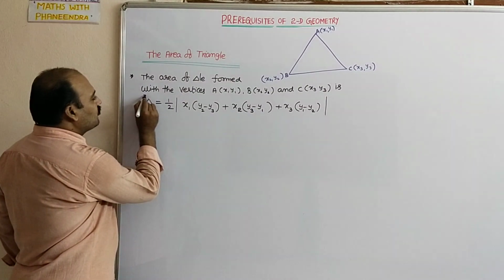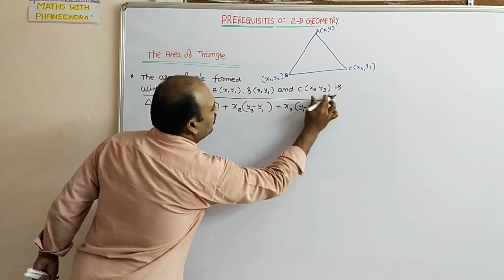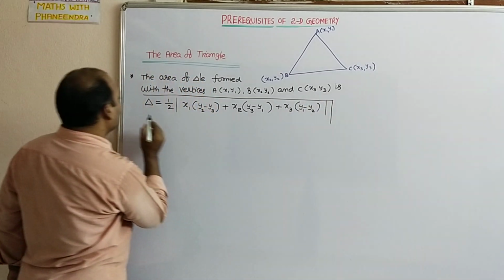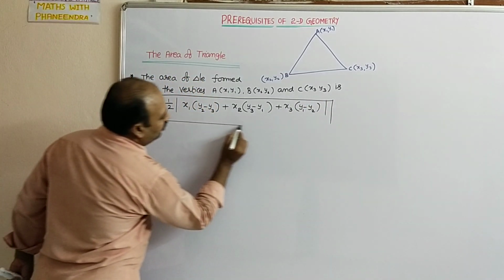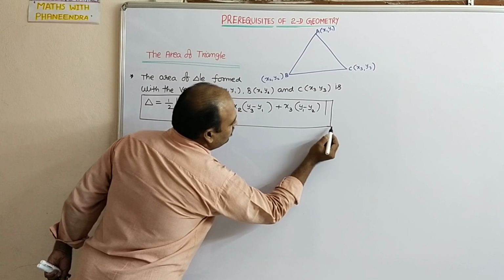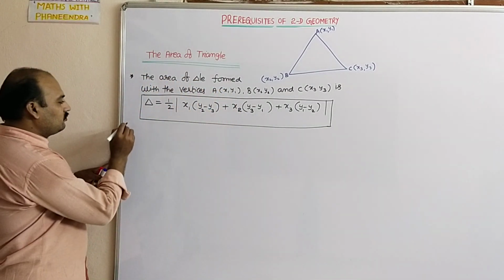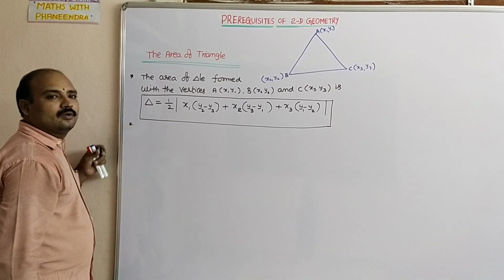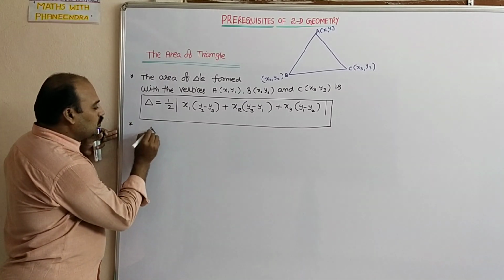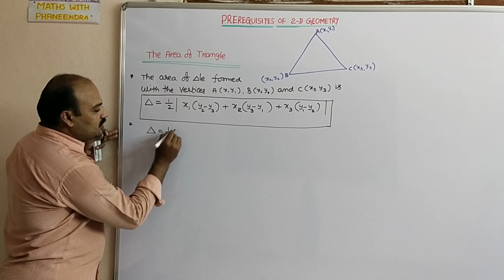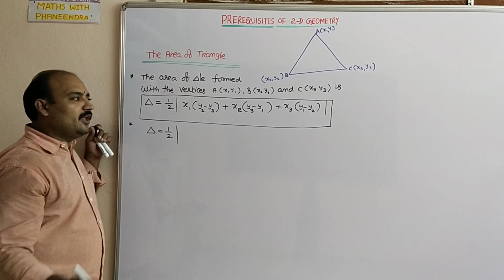The area of triangle formed by the vertices A of (x1, y1), B of (x2, y2) and C of (x3, y3), not only this one but also delta equal to half into, this is another representation of area of triangle.